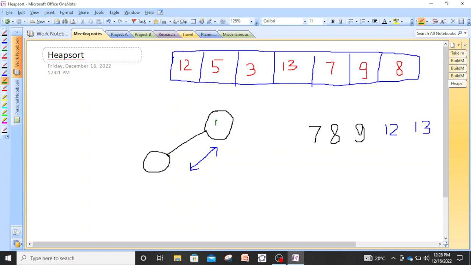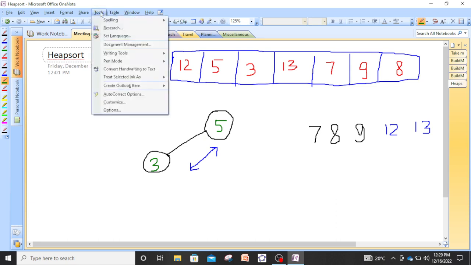Here will be 5 and here will be 3. And you see this is a max heap because the largest value is at the top.